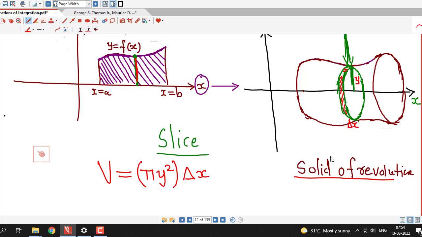Now suppose we are interested in the volume of a solid, then we are taking different cross sections. Suppose we consider another cross section, we obtain another circular disc. So we obtain the volume of this circular disc. So in this way we can partition this solid and we obtain these different discs, which are the cross sections perpendicular to the x-axis.